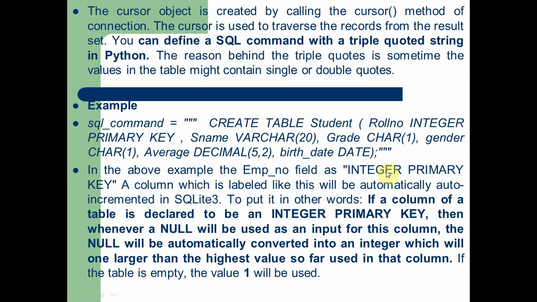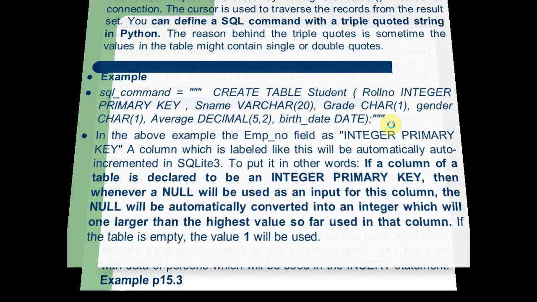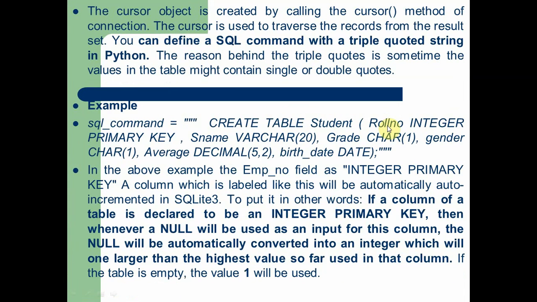So here you can see INTEGER PRIMARY KEY for roll number is used. If any null value is inserted in this column, then the last used integer is incremented by 1 and stored automatically in SQLite, and no error is raised like in MS SQL.